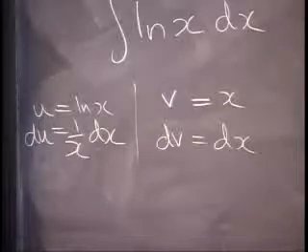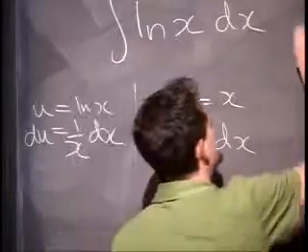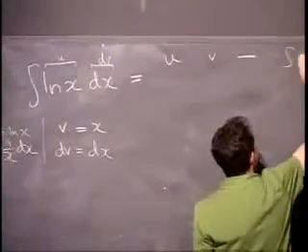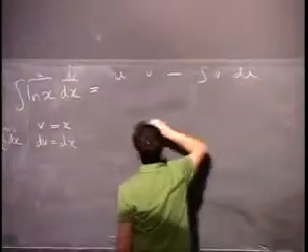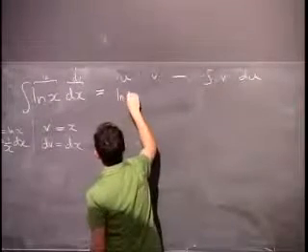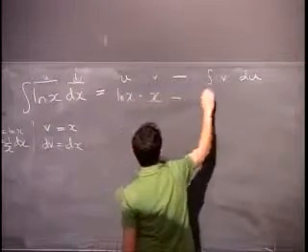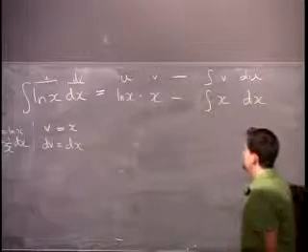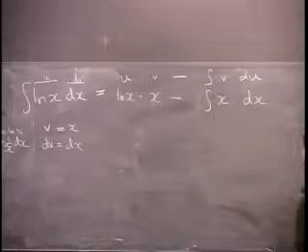Don't need the plus c. So there's the working. Let's apply the formula. uv minus the integral of v du. u is log x. v is x. du is dx.